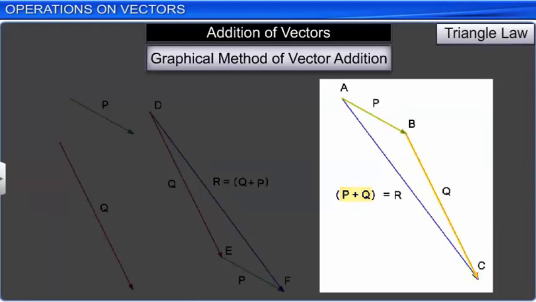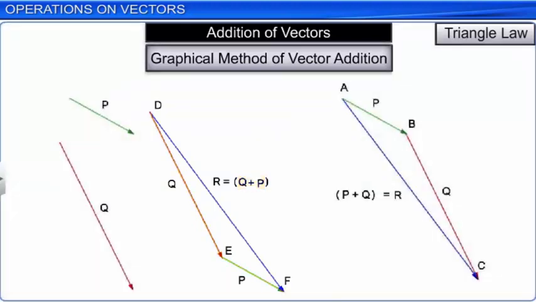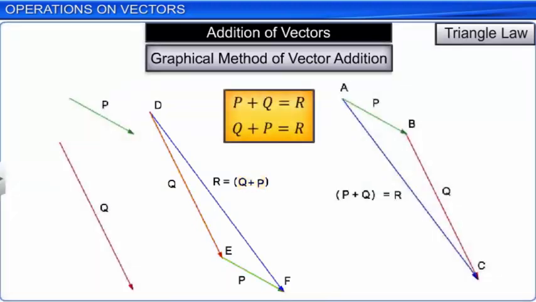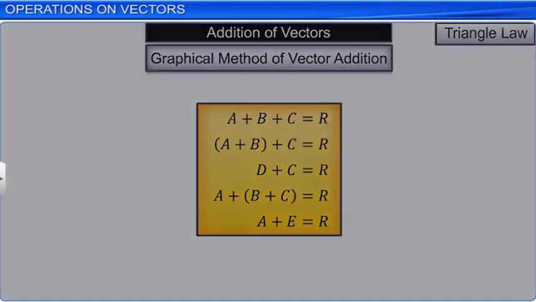To understand this, consider three vectors A, B and C lying in one plane. Add A and B to get D. Then add D and C to get R, which is the final result.